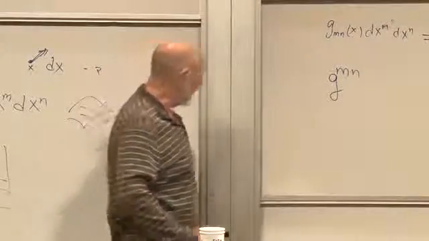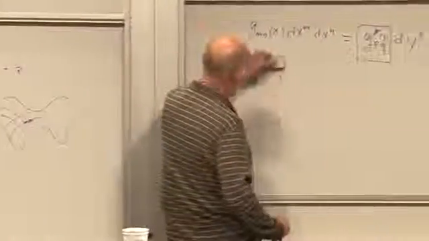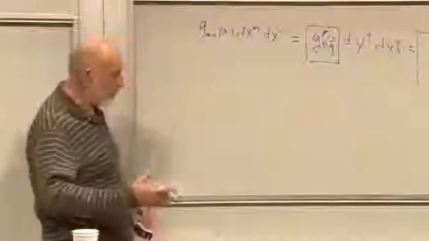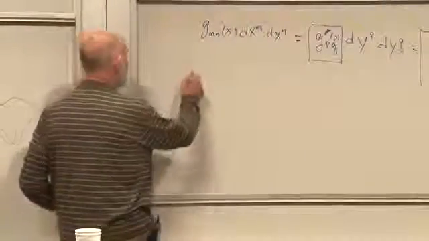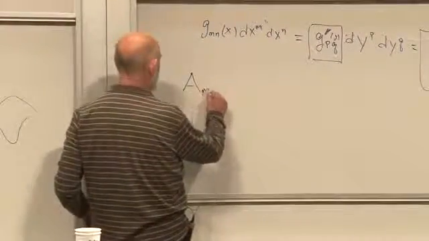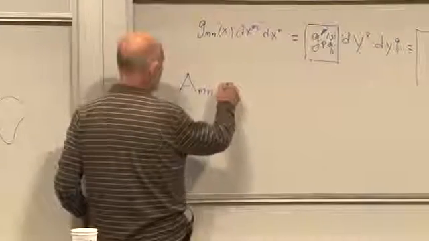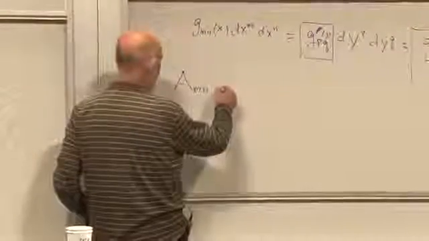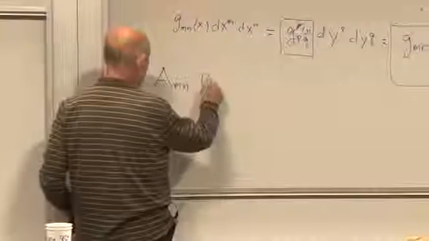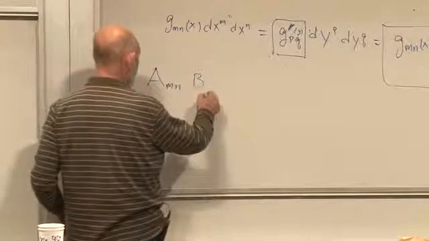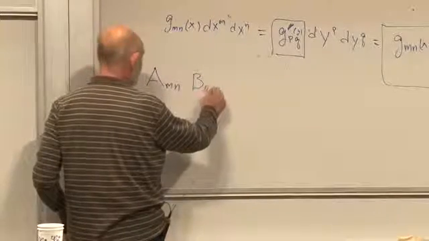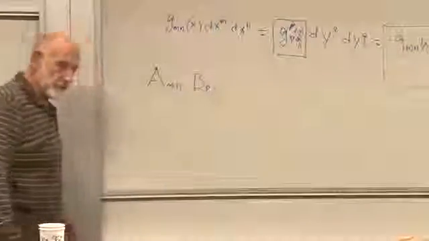Now, how do you write that? This is the last thing we're going to do tonight. How do you write the fact? If we have two matrices, let's just take two matrices, A and B. One is called AMN, and the other is called BPQ. How do we multiply two matrices together?